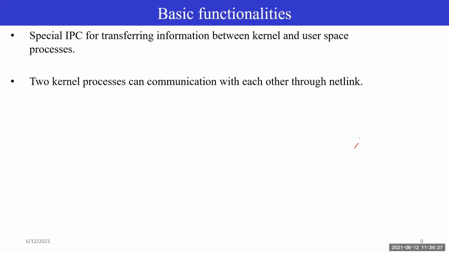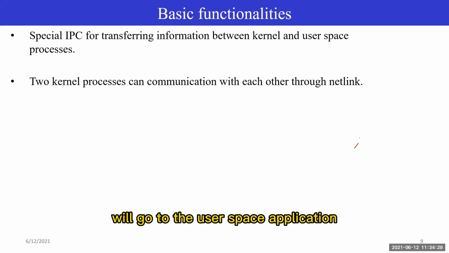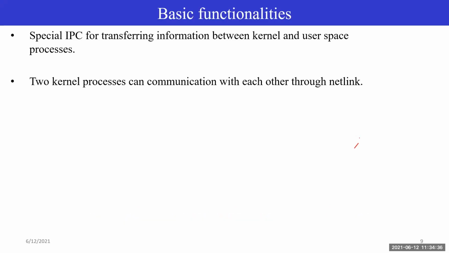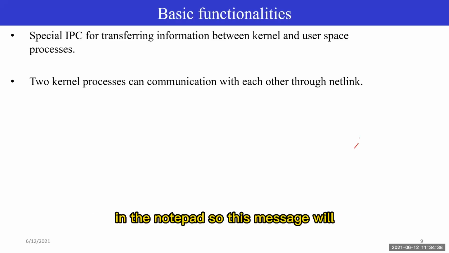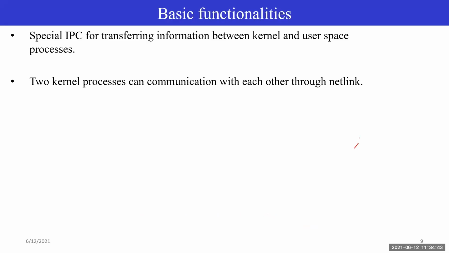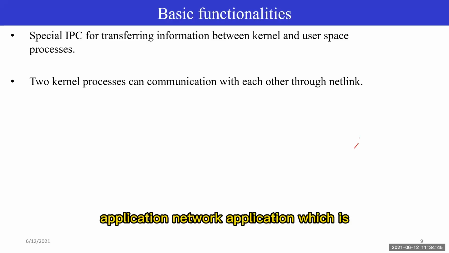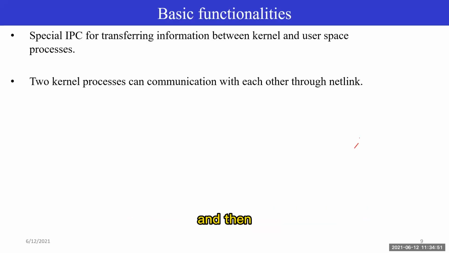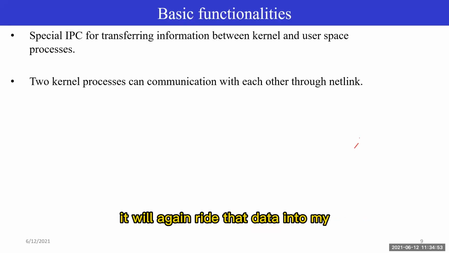That network data will go to the user space application, and then that application will get the data. Say you are writing "hi, how are you" in the notepad. This message will come to the network application which is running in my system. It will get that message, and then it will again write that data into my hard drive through the file system.